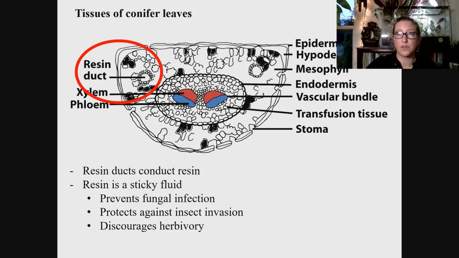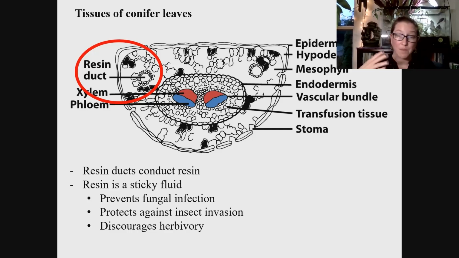Another thing that conifer leaves have is resin ducts. When you think of a Christmas tree or a pine tree, you think of that smell, and that's because of resin. The resin is what gives it that smell.